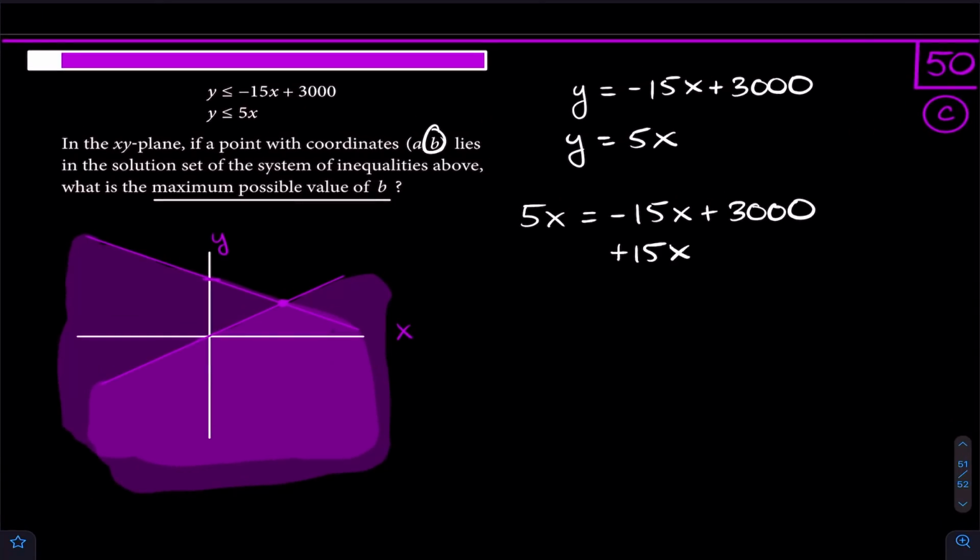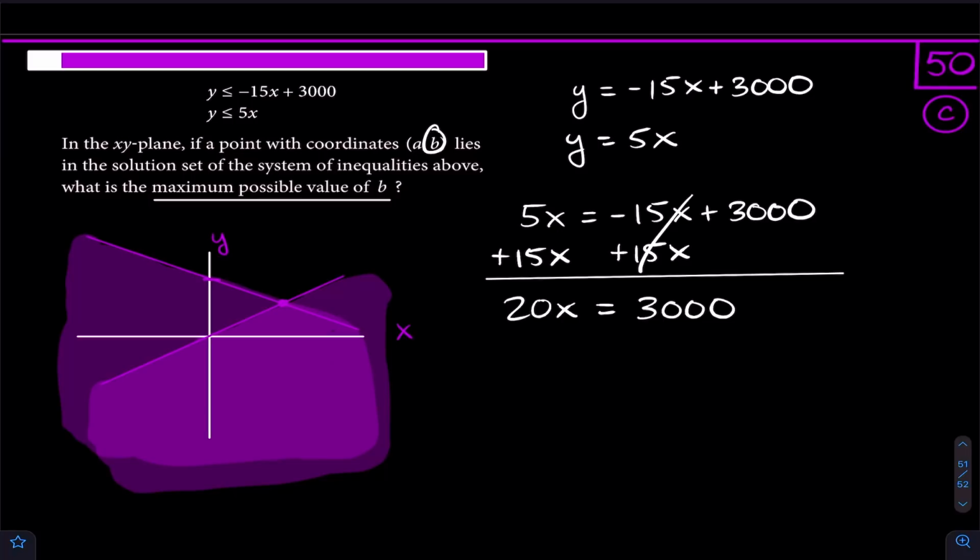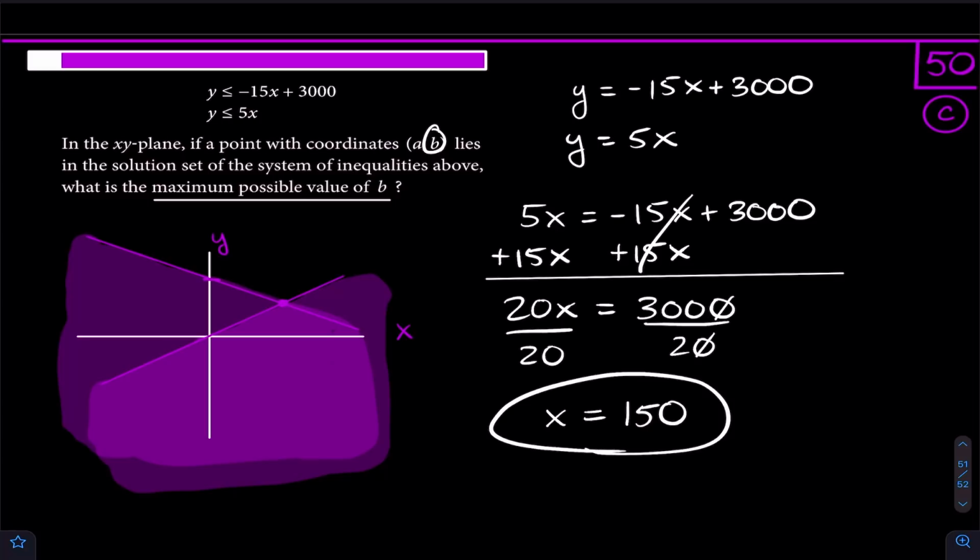I'll add 15x on both sides. That'll give me 20x is equal to 3,000. And then I divide by 20 on both sides. When I do that, zeros cancel here. I have 300 divided by 2. That's 150.